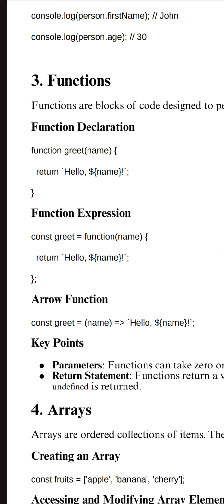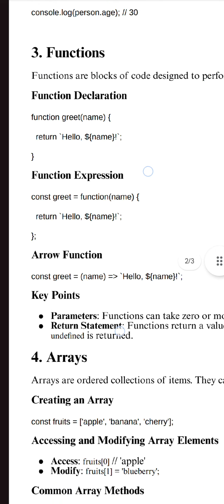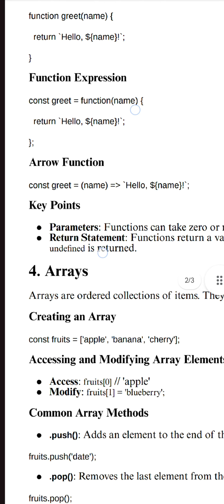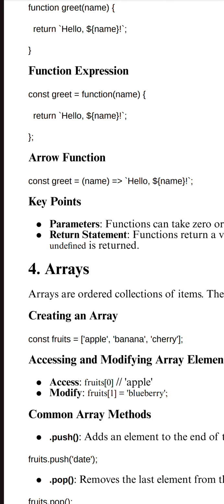Whenever this function is called in the code, it returns hello and the name we want. So here is another example. Arrow functions we can also declare in this way.